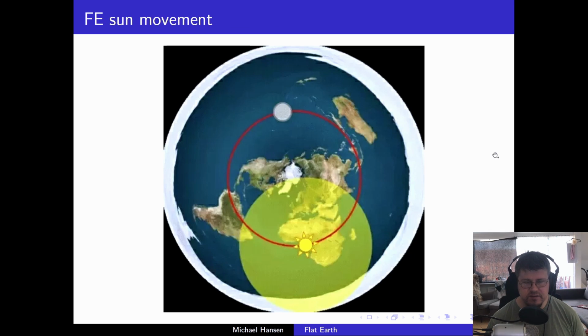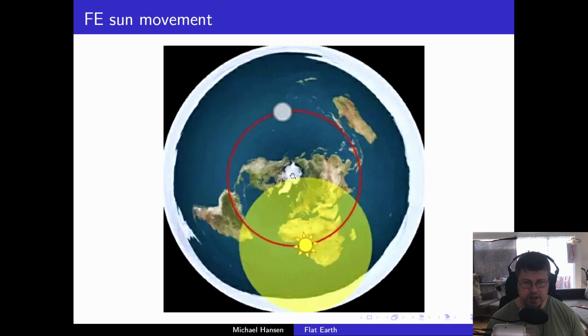Nevertheless, let's try again to keep an open mind and tend to one problem at a time. So for flat earthers, they tend to agree on, let's say in the summer period, at some point the sun should be revolving perfectly above the equator, and that means that any person standing here along this line at the equator should be able to see the sun perfectly above him at one point in time.